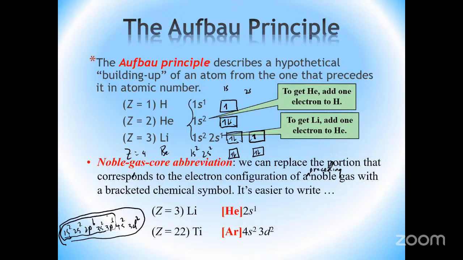Therefore, I would replace all of that with argon in square parentheses, and then write down the rest, which is 4s2, 3d2, and that would be the abbreviated version of the configuration of titanium. So obviously, in this case, you can see a difference between the abbreviated version and the standard configuration of titanium.